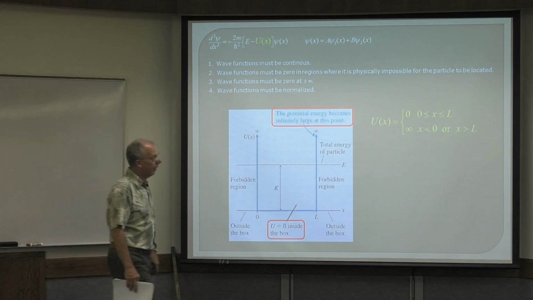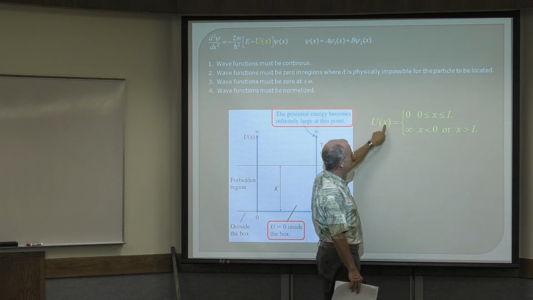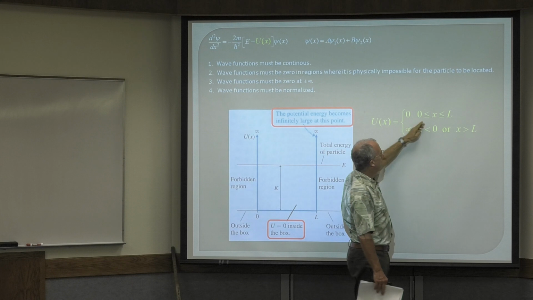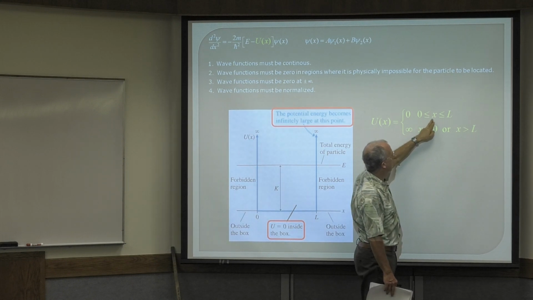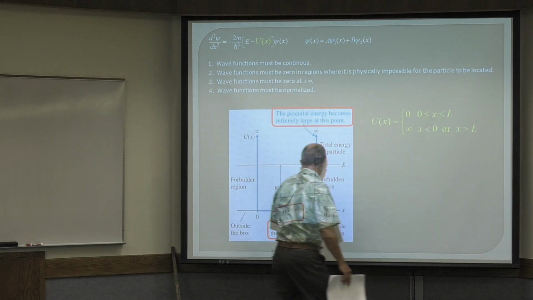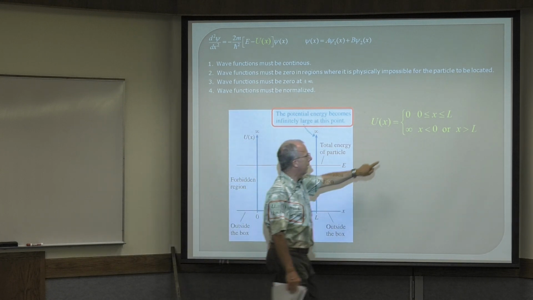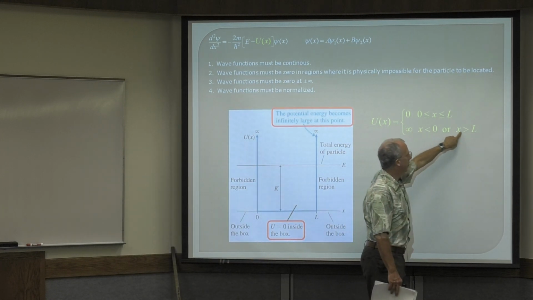Well, that's not so bad. So U of x, the potential energy as a function of x, equals 0 inside the box. It's 0 here, right? It's 0 here because there's no interactions. And then it's infinity outside the box.